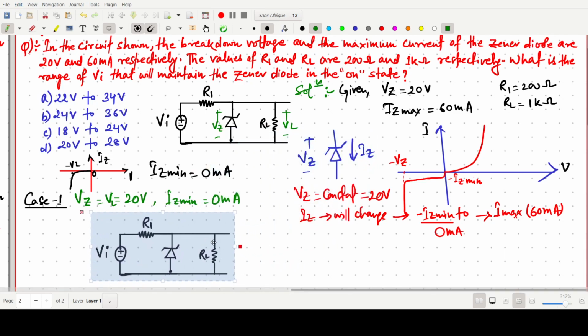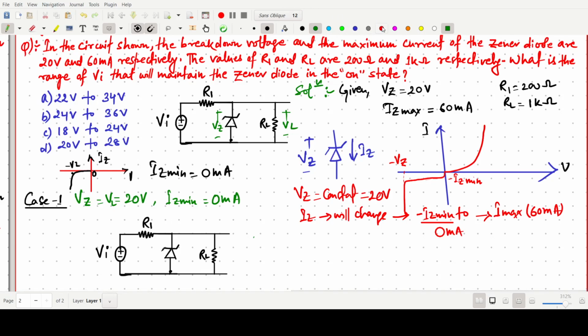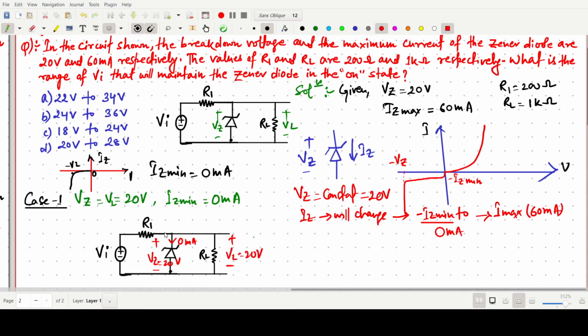So I am making the same diagram here. What we observe is that in this case the current across the Zener is 0 milliampere minimum, but the voltage will be the same, 20 volts. So all the current will flow through IL.